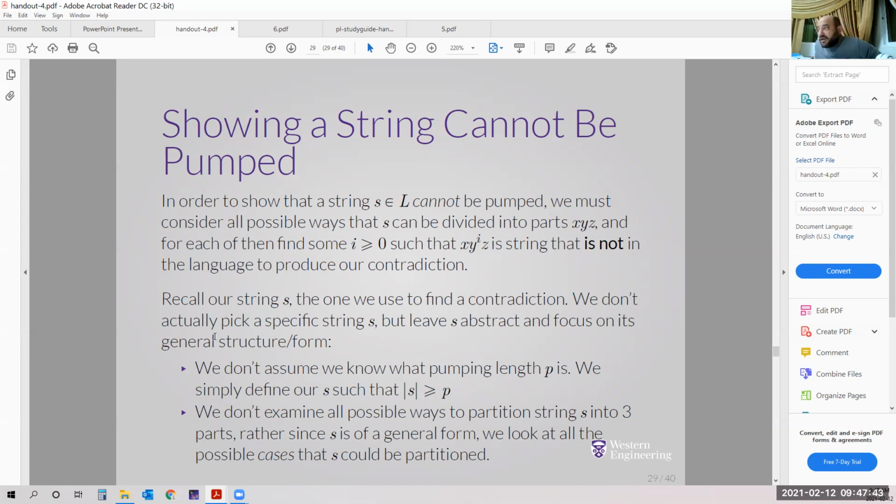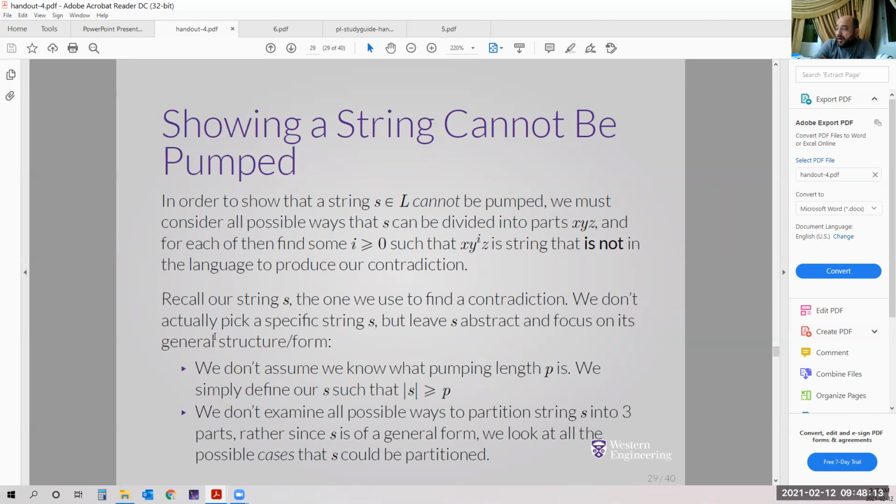Recall that for the string used to find the contradiction, we don't actually pick a specific string S, but leave S abstract and focus on the general structural form. We don't assume we know what the pumping length P is. Some of the books and some of the videos give P a certain value, 0, 1, or 2, but in our way, we keep it unknown.